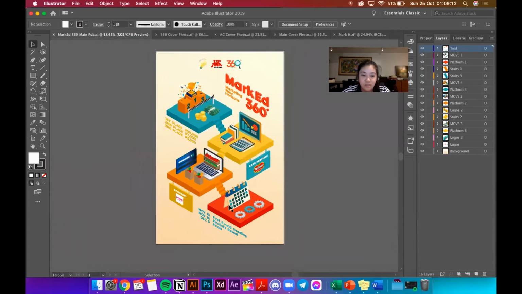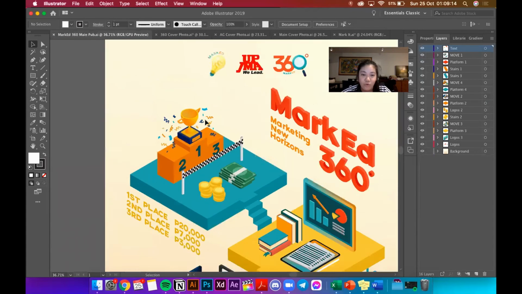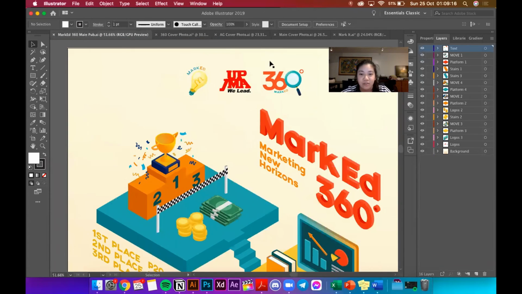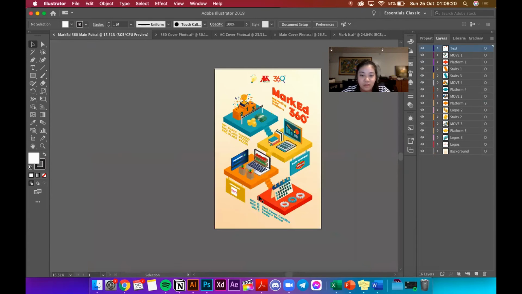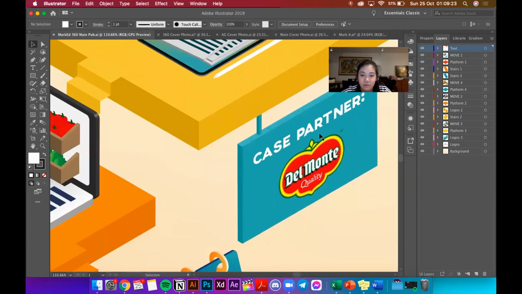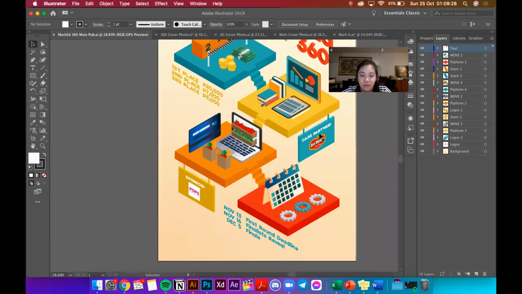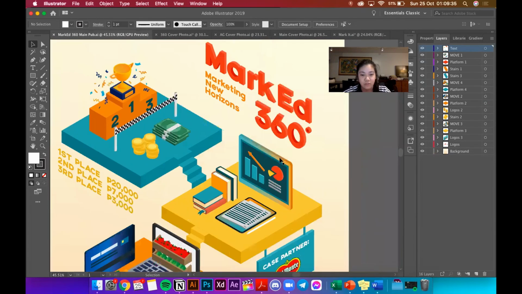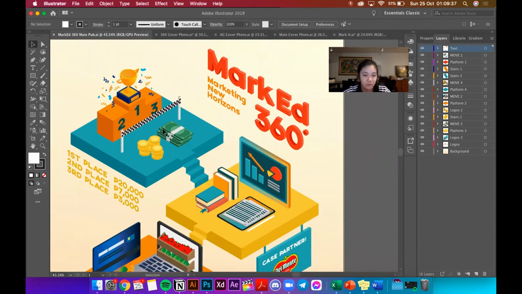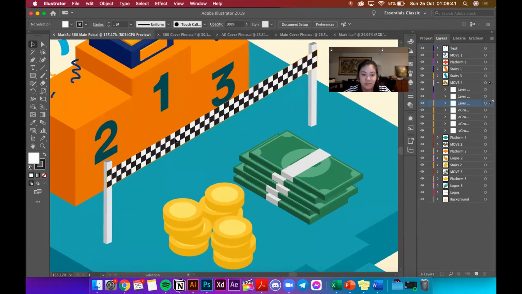As you can see, this utilizes like 99% 3D elements, excluding the logos at the top. So everything here is in 3D, even the sponsor logos and whatnot. These are all made in Illustrator. Obviously, some of these are recurring. You've seen these a while ago. I drew this finish line sort of thing happening.